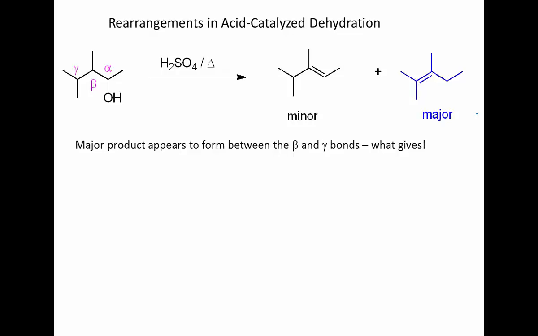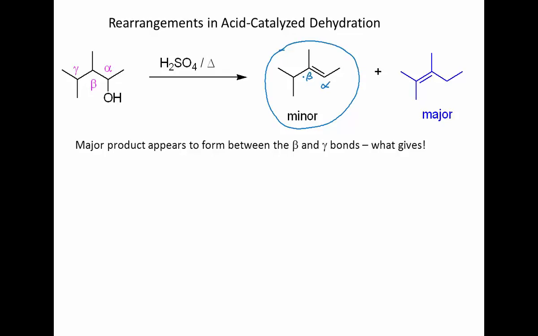And this is an example of something called a rearrangement reaction. This alcohol on the left, when treated with sulfuric acid, produces what you would probably expect to be the major product. This one here is only a minor product.